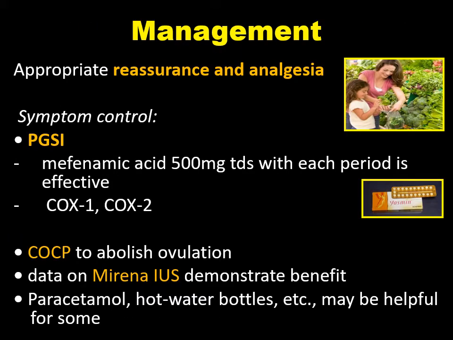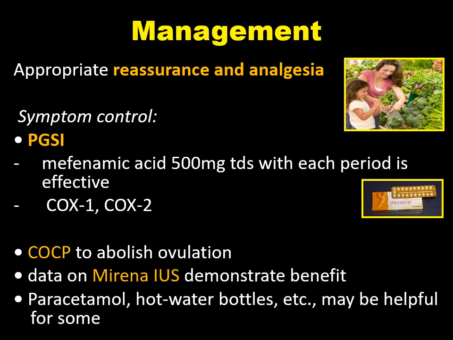Management of dysmenorrhea relies on explanation, reassurance, and simple analgesia. We can use prostaglandin synthetase inhibitors, mefenamic acid, with a maximum dose of 500 milligrams 3 times daily.